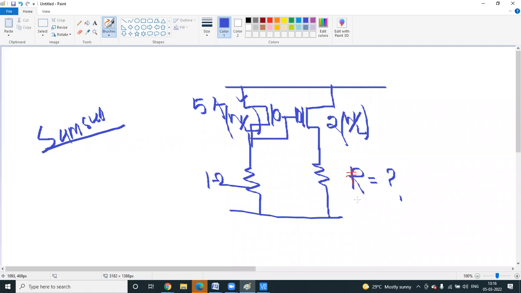So calculate the resistance value. So what is the answer? 0.5. Yeah, correct.